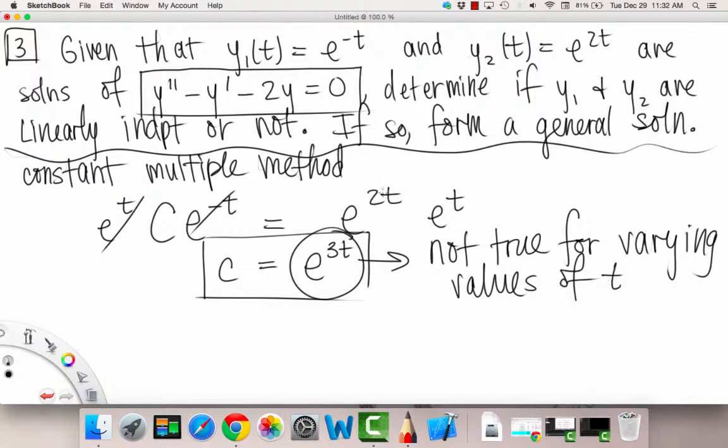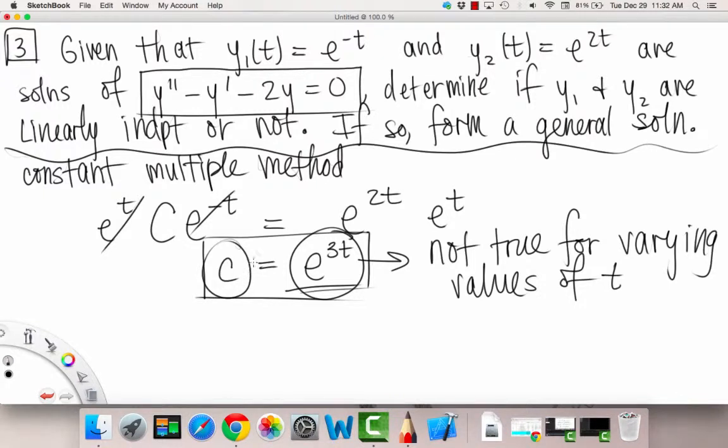Hypothetically, let's say t is 0, then the right side is equal to 1, so c could equal 1, but then if t changes, then the whole value on the right changes, and that would contradict the whole left side being a constant.